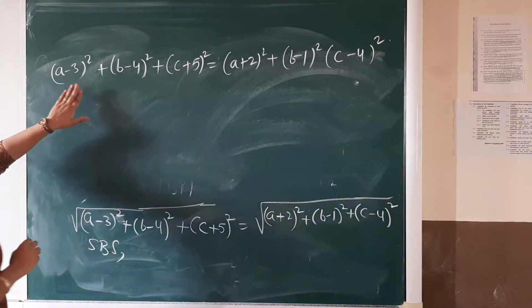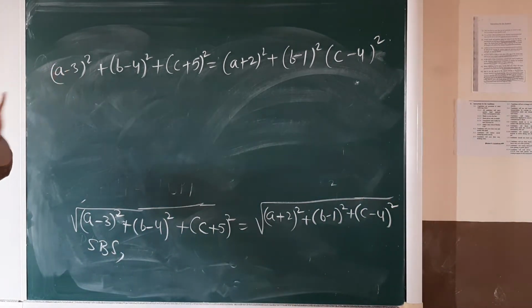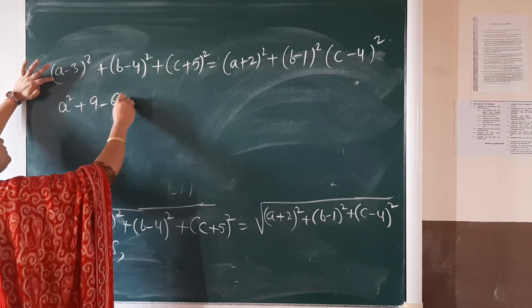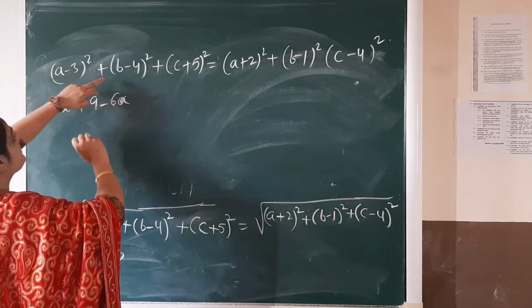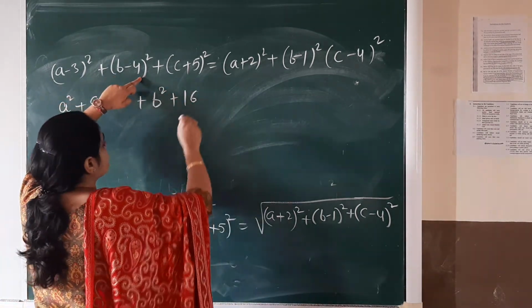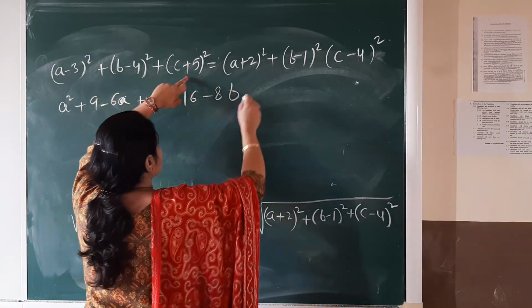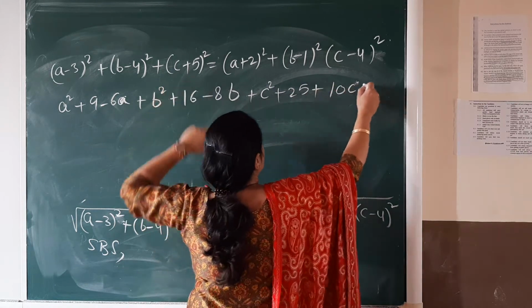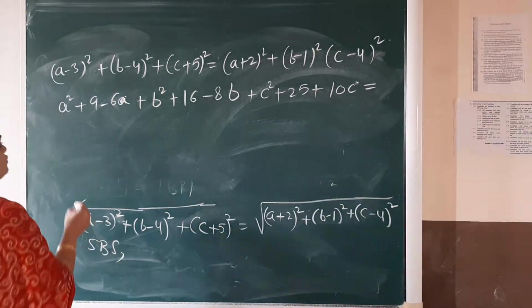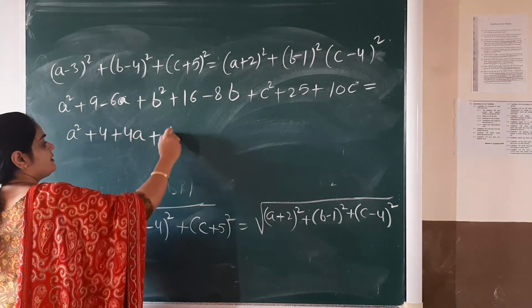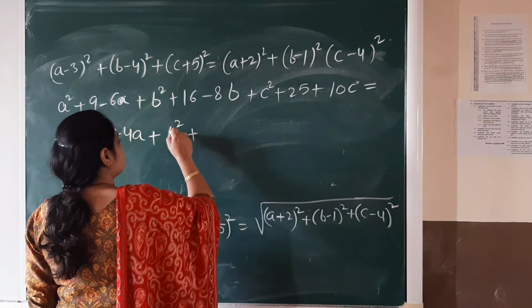Now we can open the squares after applying the formula. Here the formula of a minus b whole square is applicable. It is a square plus b square minus 2ab. And a plus b whole square is a square plus b square plus 2ab.